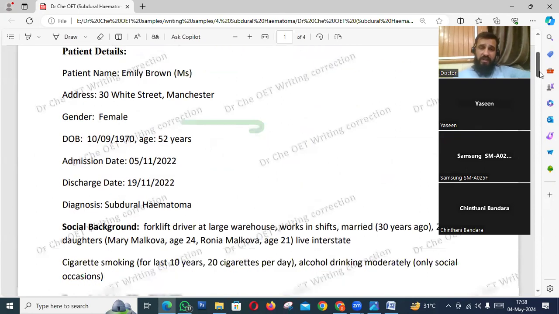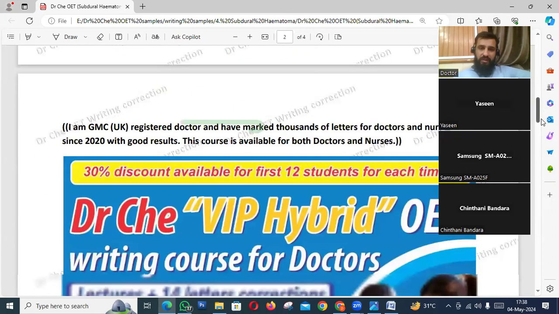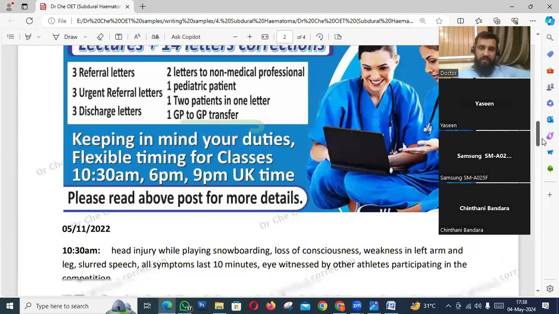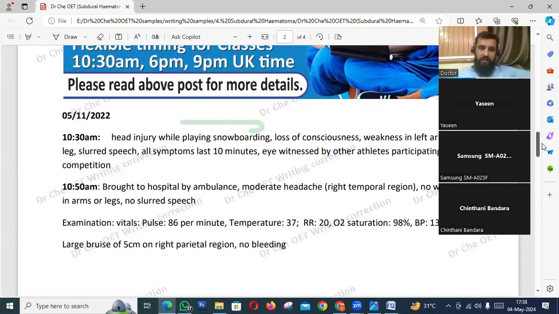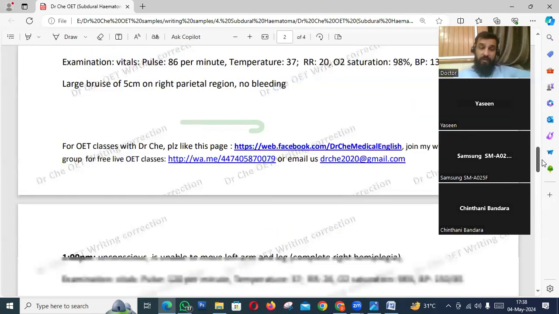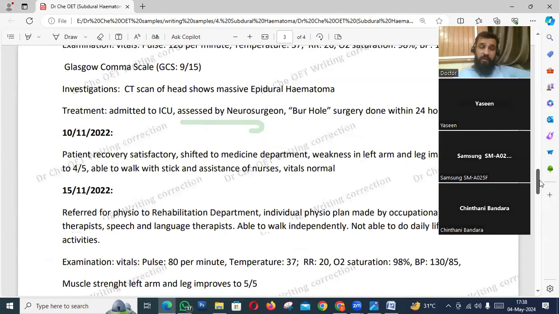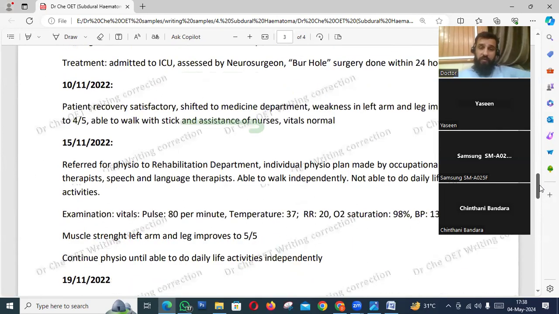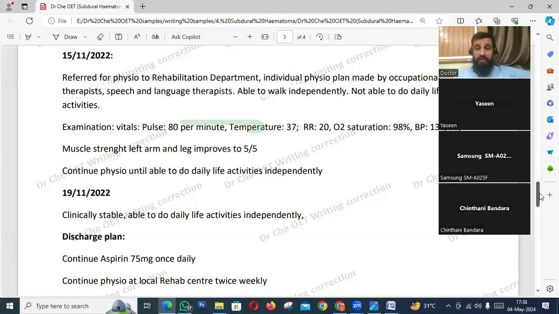But if you start writing each and everything: 5th of November, 10:30 a.m., then 10:50 a.m., then 1 p.m., then 10th of November, then 15th of November, then 19th, and then discharge plan. Then we need to write the purpose also. We need to write the conclusion also.